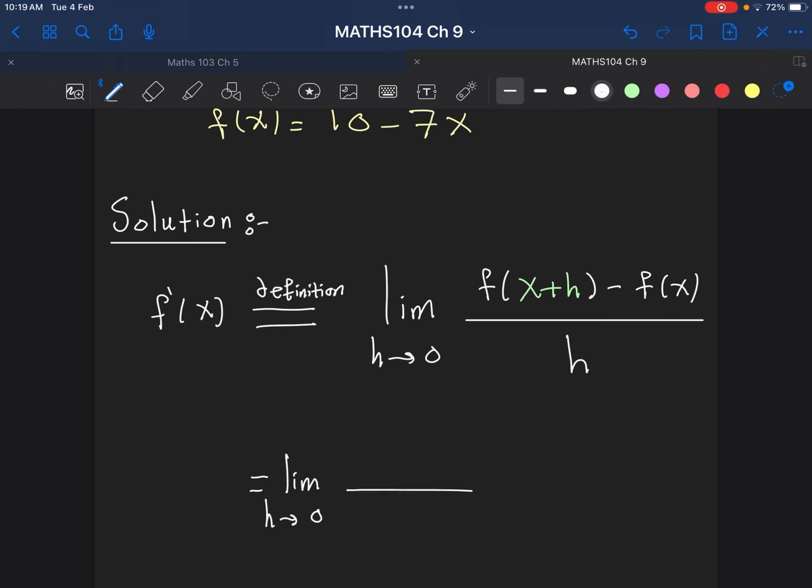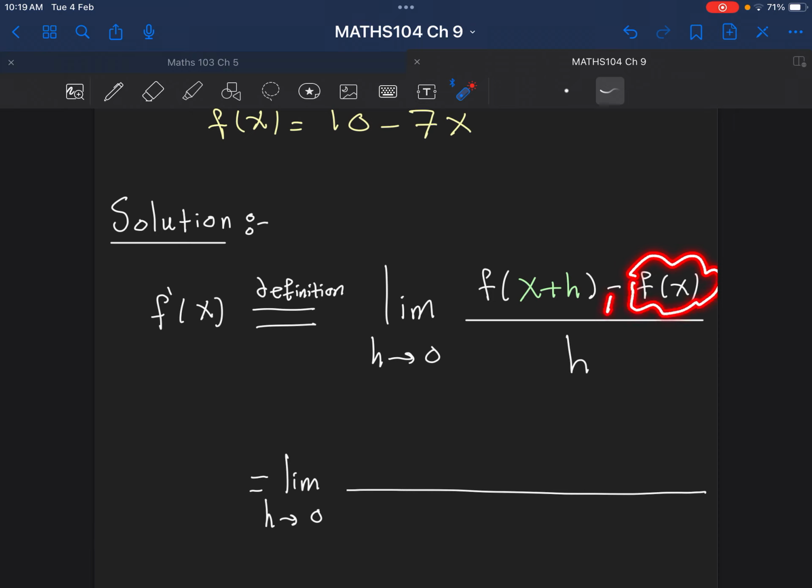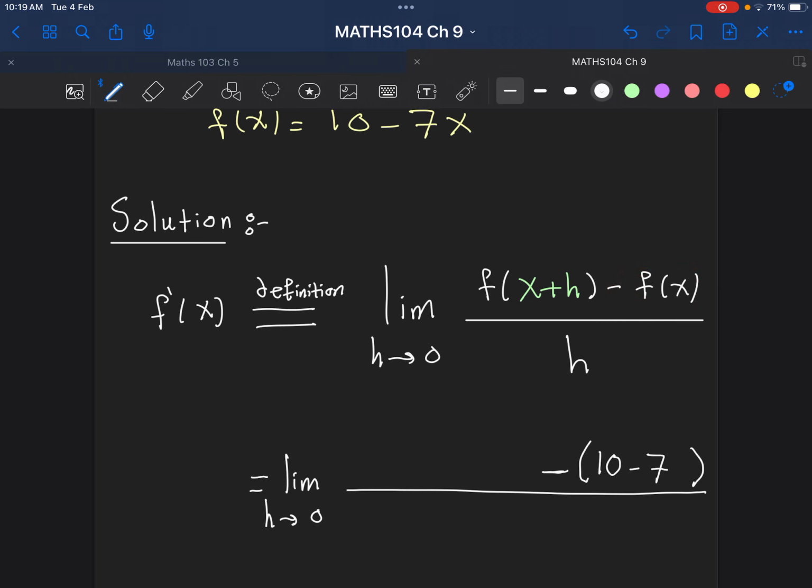So h goes to 0. And here is my advice. The first step, write f of x and put a minus in front of it. So there is a minus. I open a bracket. And here I need to write f of x, which is the function that is given to me in the question itself, which means it is 10 minus 7x.